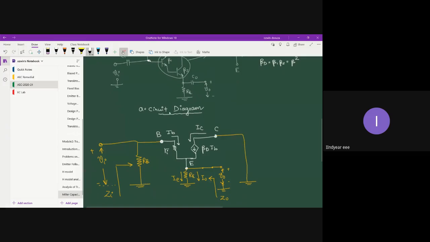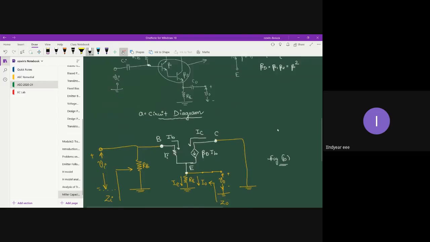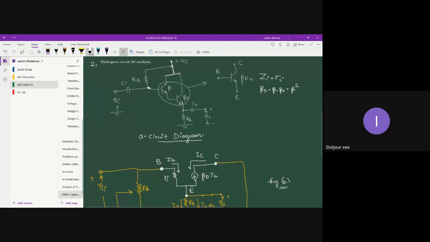All right, fine. So that's your circuit diagram, and figure B talks about the equivalent circuit. Since there are two transistors, beta 1 and beta 2, each transistor will have RE or HIE, right? Since we are replacing the two transistors with a single transistor, we have taken the overall input impedance of the Darlington pair as Ri.